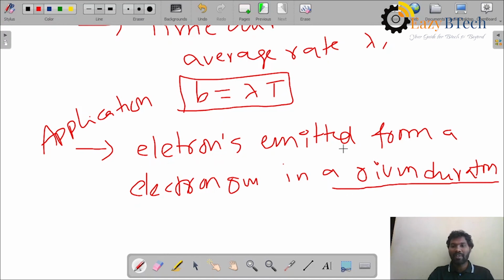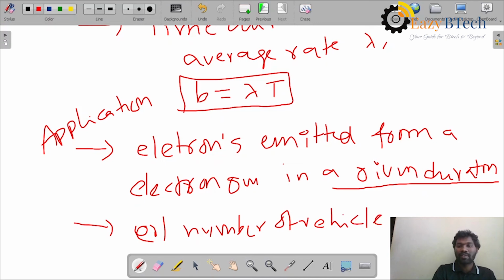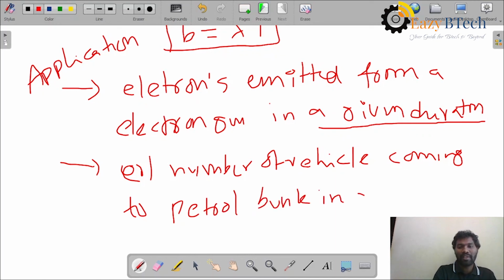So the number of electrons emitted from an electron gun, or the number of vehicles coming to a petrol bunk in a given duration.